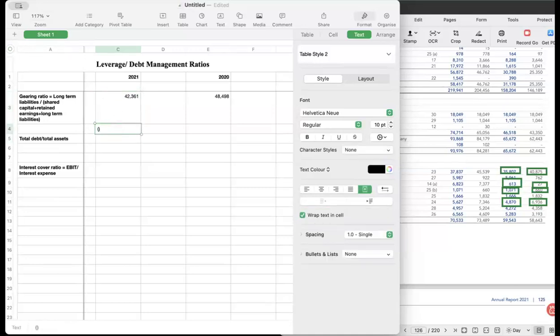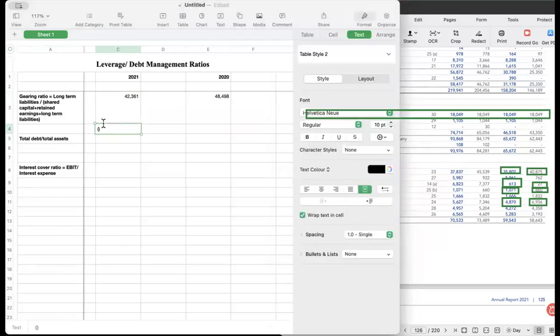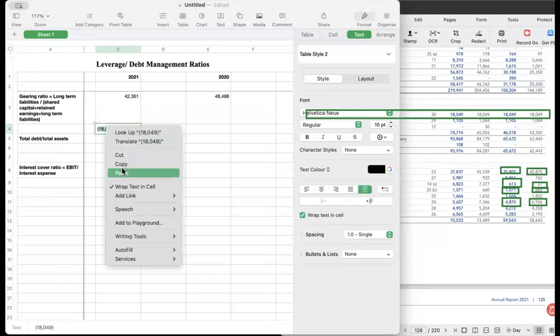Divided by, okay, this I'm going to put within brackets. Share capital. Here, share capital is not given, therefore I'm going to take stated capital instead, which can be done. It's fine. So in 2021, it is 18. Oh okay, it's the same thing for both years, 18,049. So I'm going to copy paste.